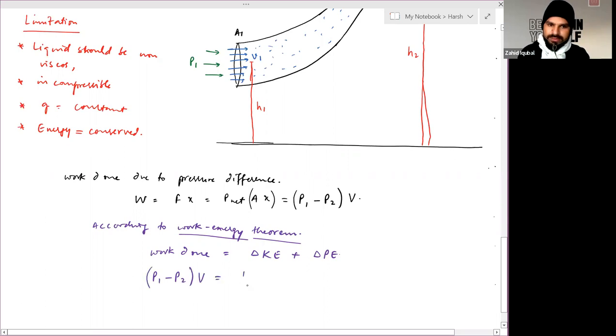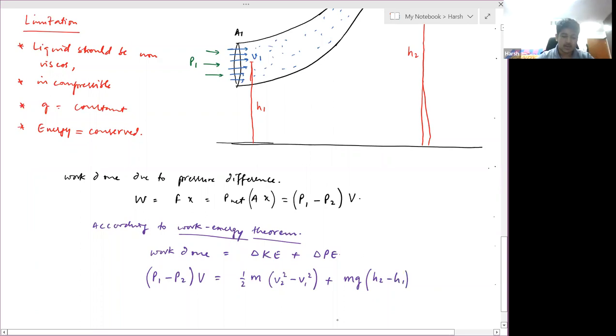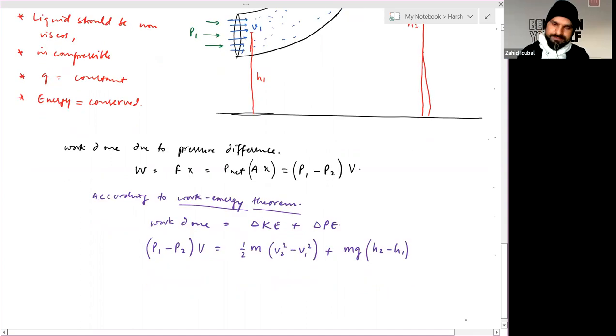Change in kinetic energy, we have half m (V2 square minus V1 square). Change in potential energy, we have mg (H2 minus H1).